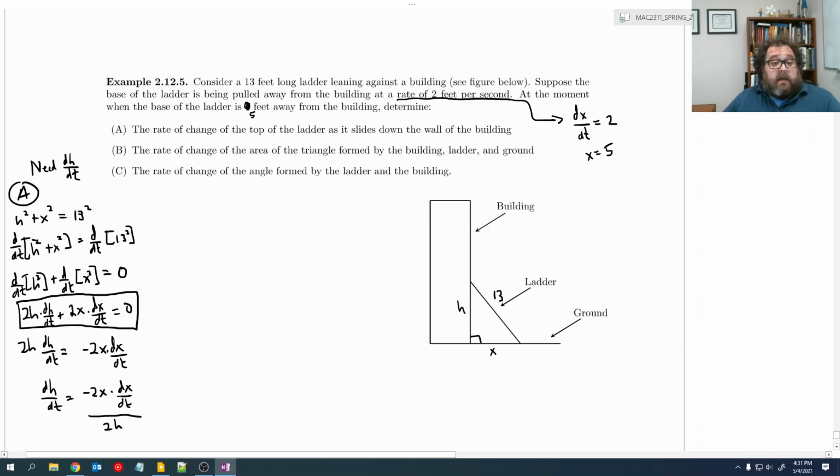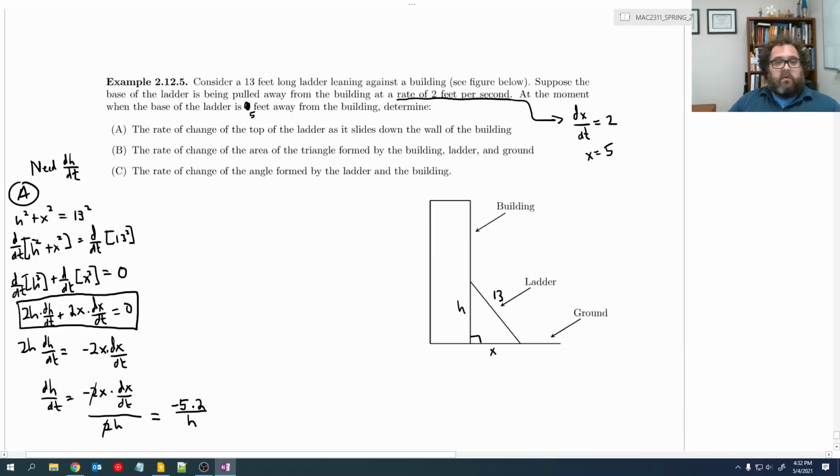And now we can plug in. We know dx/dt is 2. We know that x is 5. And so we get what? By the way, notice negative 2 and positive 2, we can get rid of those. So the numerator is going to be negative x, so that's negative 5, times dx/dt, which is 2. Now the problem is, what's h?